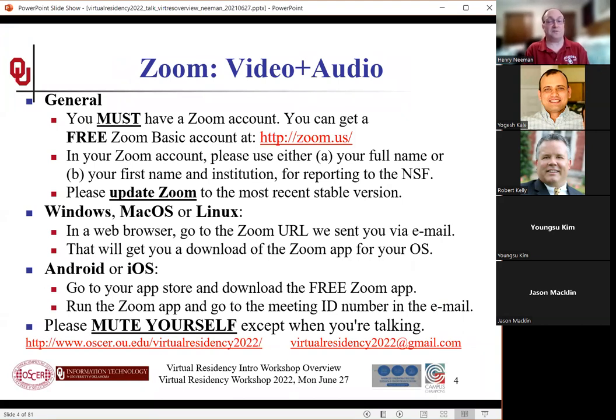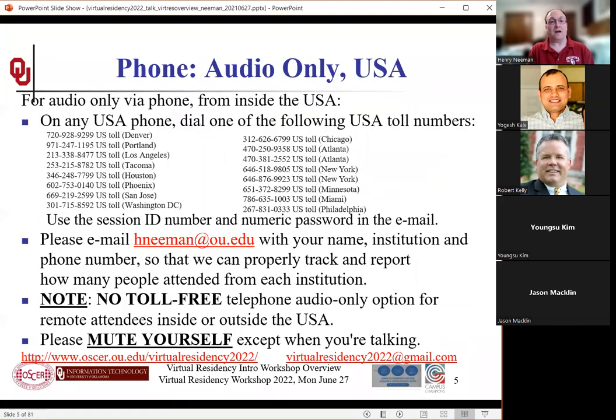If you are new to Zoom, if you're on the Zoom session, you must have already done the following. You've got to have a Zoom account. It can be a free account, no problem, but you have to have some Zoom account to be able to log in. This is a thing that OU put in, and many institutions. If you're doing audio only from within the USA, there's a whole bunch of numbers you can call. These are all toll numbers. There are no toll-free numbers for this, but nowadays most people within the continental US don't pay a per minute charge for making a long distance call within the continental US, so you should be okay.